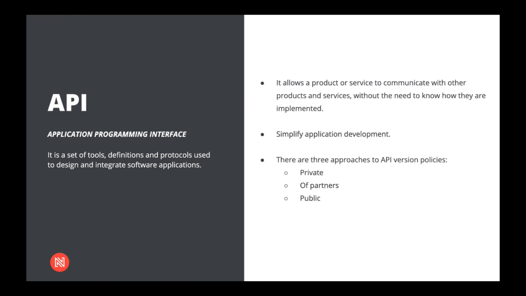And also sometimes there is some authentication that they can use to access different information on some security or private access. API simplifies the application development since we don't need to write all the functionality or all the requirements that an application maybe needs.